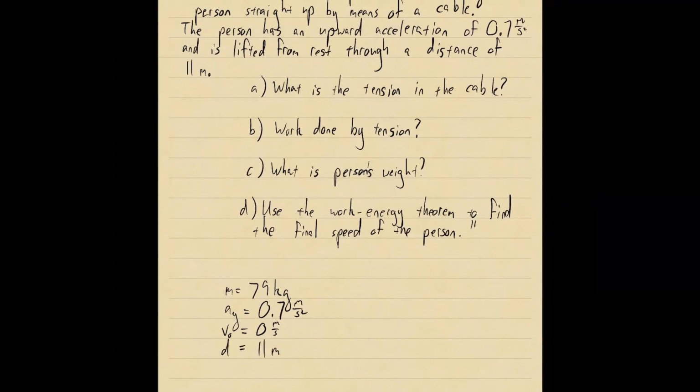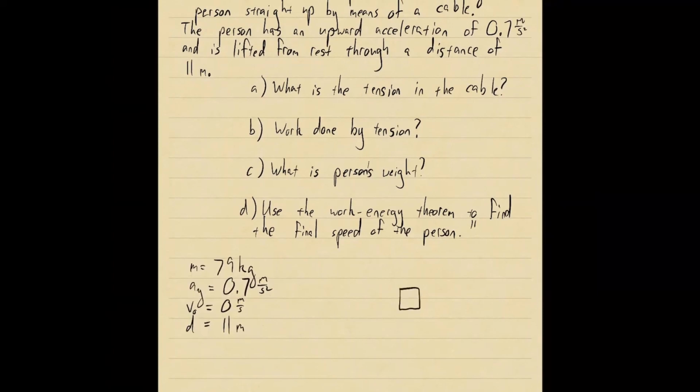Very good. Let me just move some of this stuff over. Right. We can draw a free body diagram of this person. I'm going to draw this person as a block, as per usual. Right, so now we're going to draw in our coordinate system. In this case, this is a one-dimensional problem, so we don't have to worry about stuff in the x direction, but we're going to say that things moving vertically are moving in the y direction.